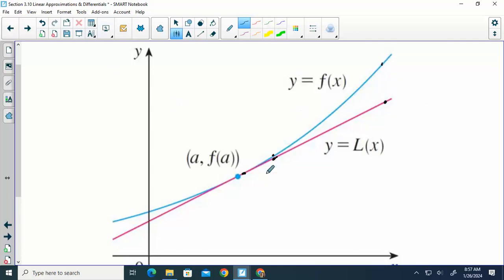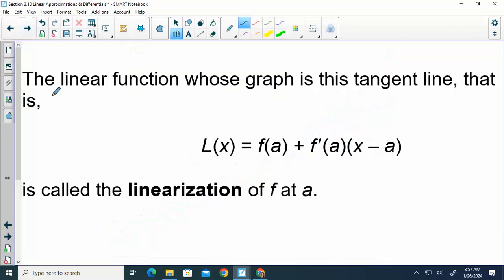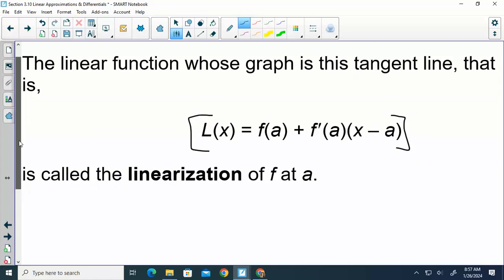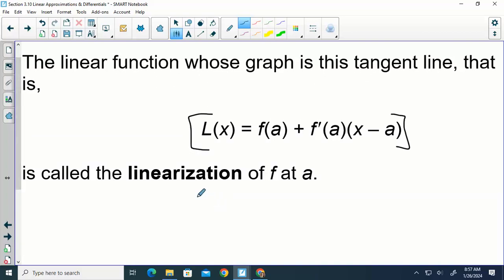So we can use the tangent line to approximate points on our curve. When we do this, it's called a linearization. Your book gives you the equation like this, but I think that's probably a little more complex than it needs to be. If we just think of a linearization, L of x is for linearization, that's like your y.